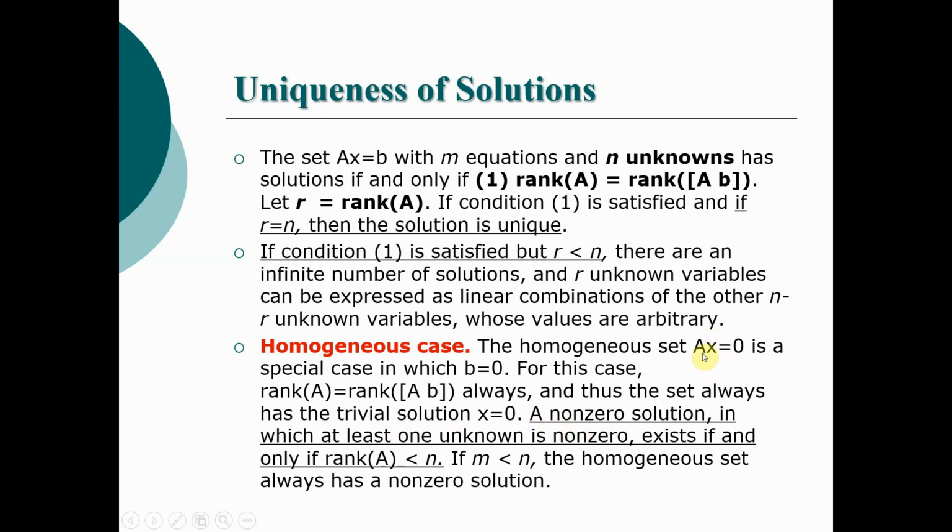If you want to see if this equation has a non-zero solution, where at least one unknown is non-zero, it exists only if the rank of A is less than n. Okay, rank of A is less than n. If m is less than n, the homogeneous set always has a non-zero solution.